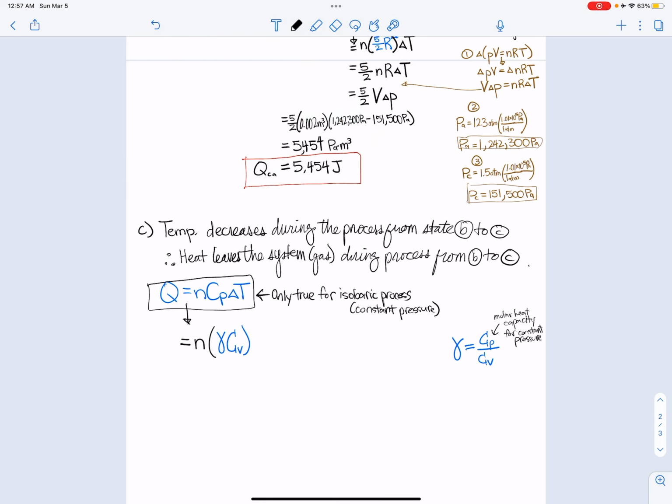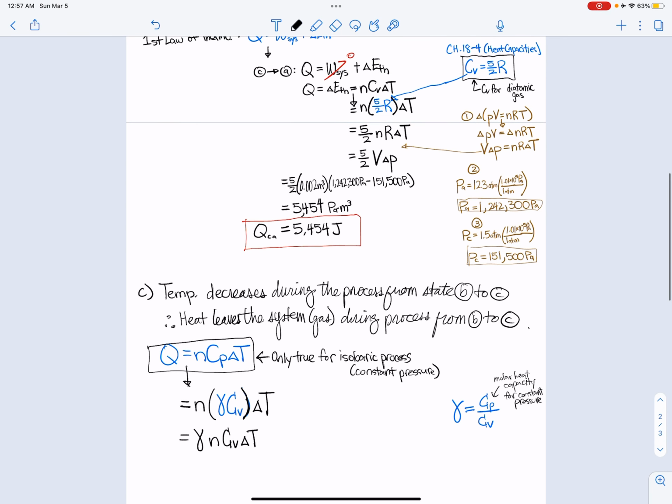And then delta T. Since gamma is given as 1.40 in the problem, it's a constant, so I'm going to take it out: gamma n Cv delta T. What else do I know? I know that Cv is equal to 5 over 2 R. We talked about it earlier. Cv for a diatomic gas is equal to 5 over 2 R. That's in chapter 18, section 4.